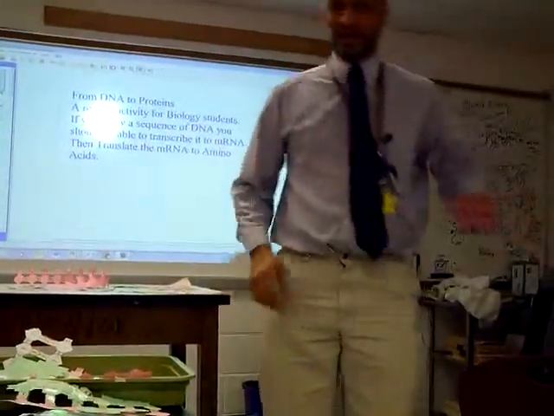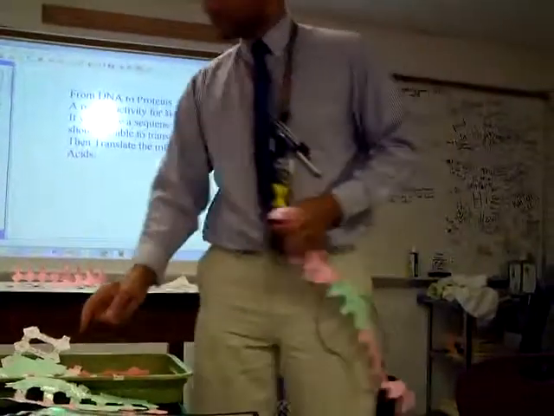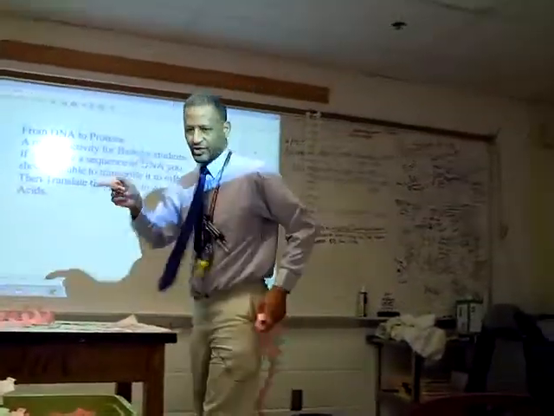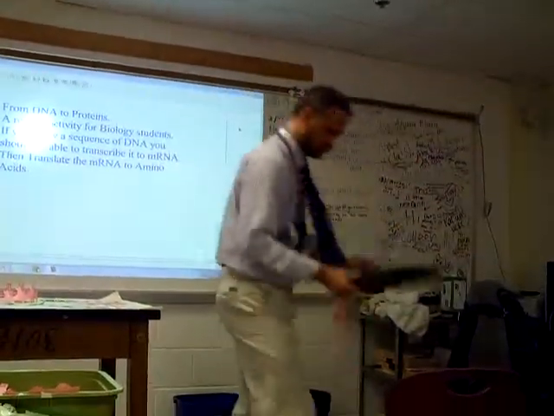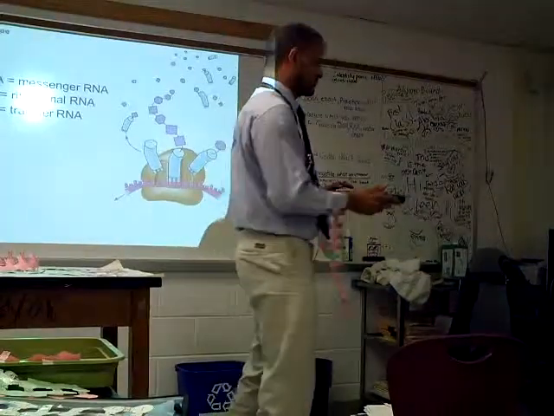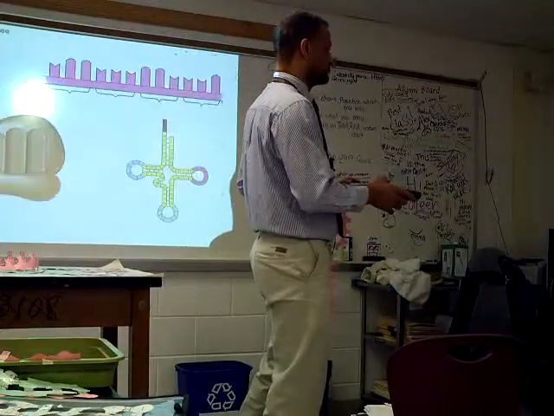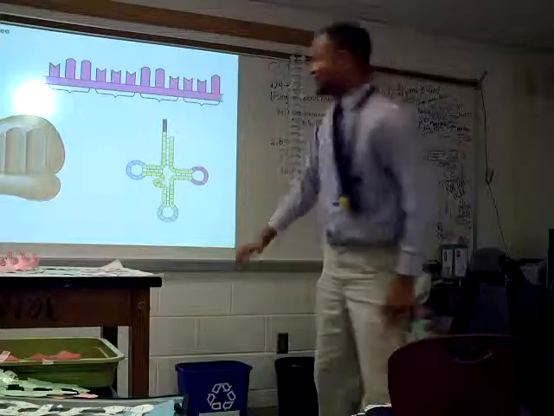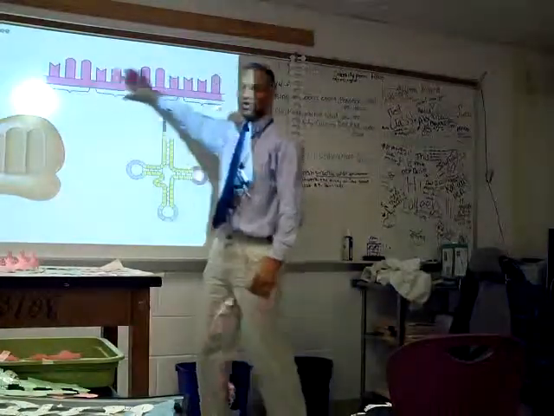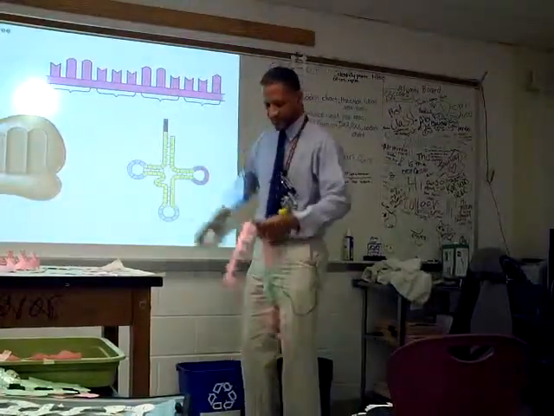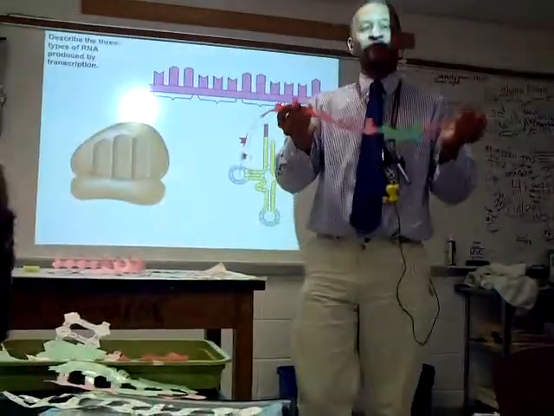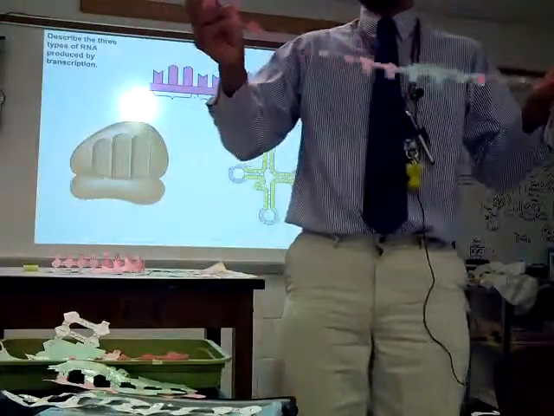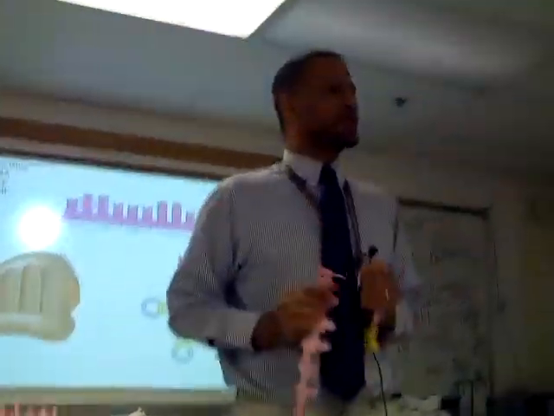And then let's talk about this transfer RNA because it's a little misleading. Look at this picture here. A messenger RNA is pretty obvious, a long strand. What is a transfer RNA? Now, I'm modifying this. It's about 70 to 80 nucleotides long.